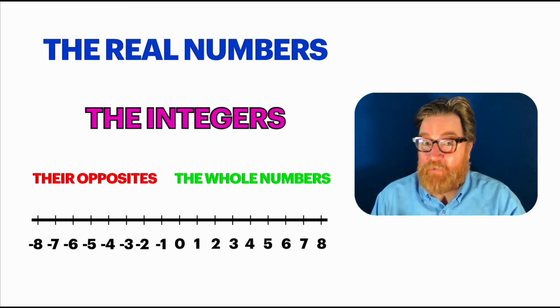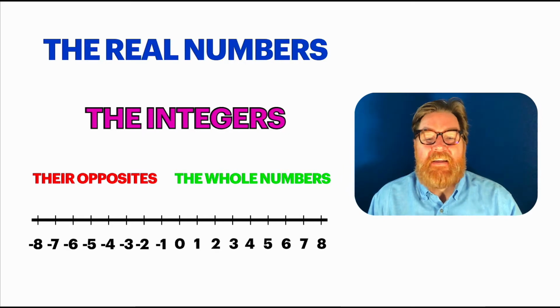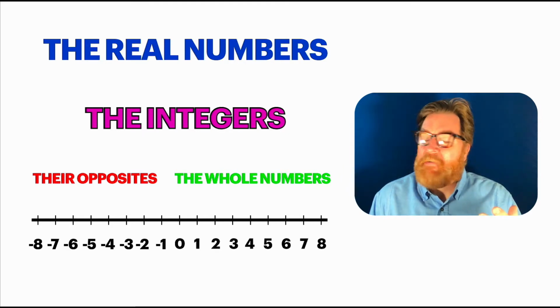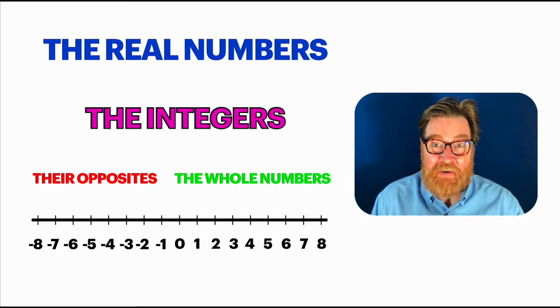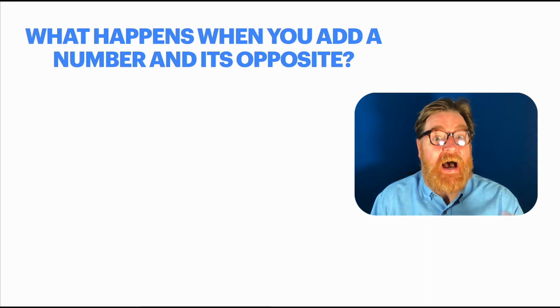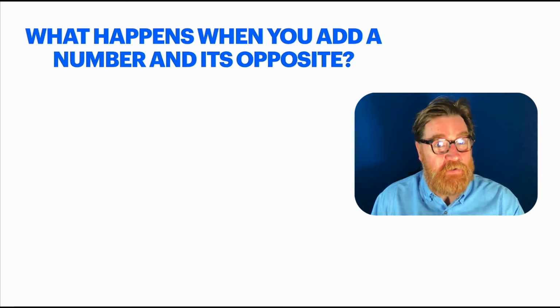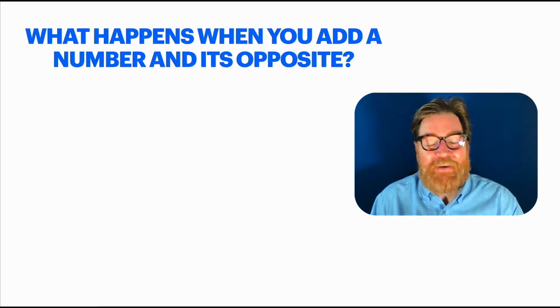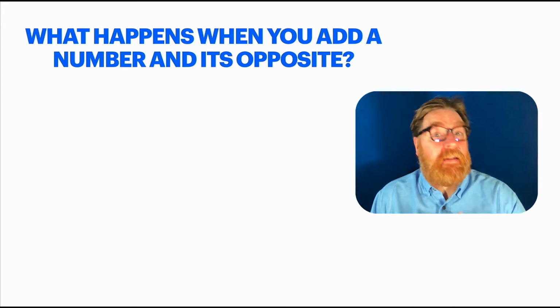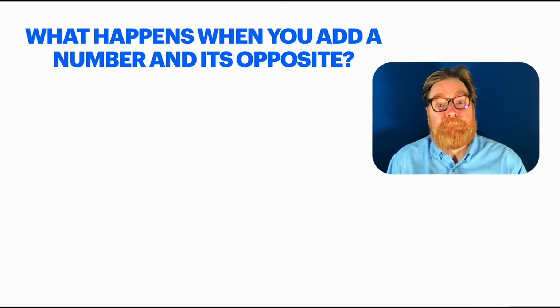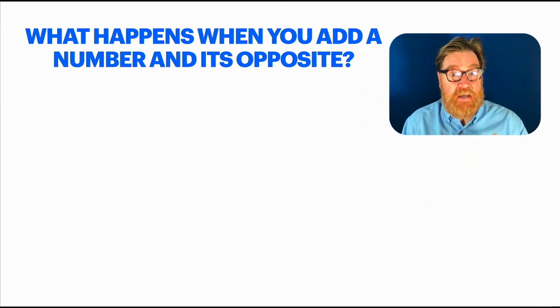Now, we also saw in our last lesson that the positives and the negatives don't get along. They hate each other. They're always going to be fighting. And in fact, if you take a number and its opposite, you know what you get. Remember that? We got lots of complaints after our last lesson with the scary sound effects.